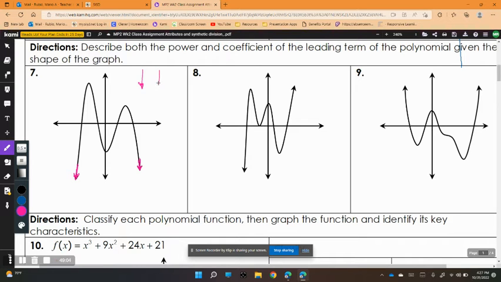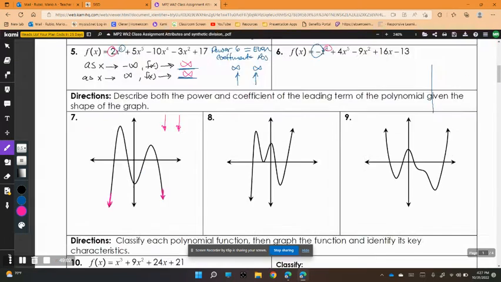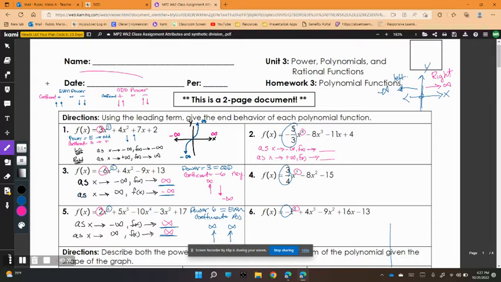So I've got this scenario, both pointing down. If I go back up here and look at my little cheat sheet, I can see that very clearly. In order to have the case where both are pointing down, I need a negative coefficient and I need an even power.